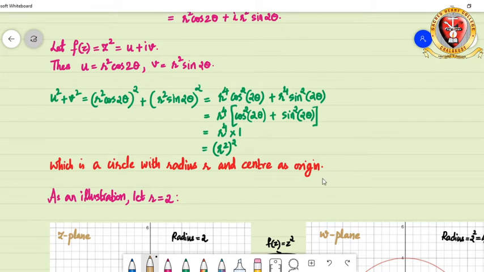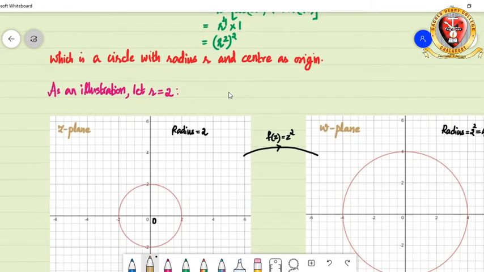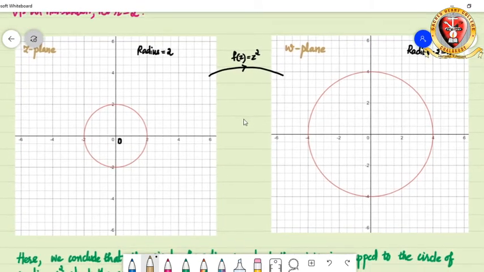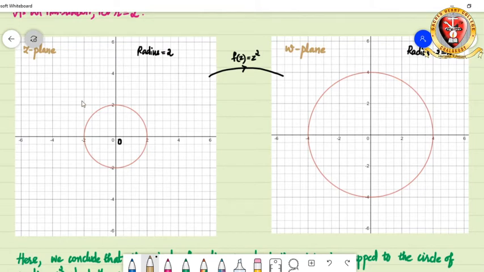Okay, for understanding it further, just treat it as an illustration. Suppose we have r is equal to 2. So you can see the two planes here. This is the z plane and the w plane. Okay, so you have the circle with center at the origin and radius 2.